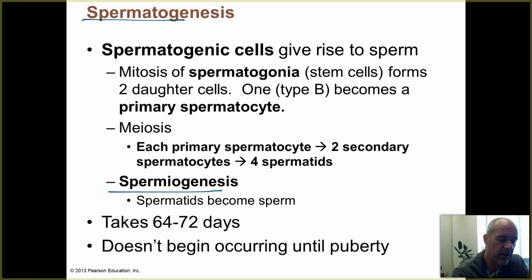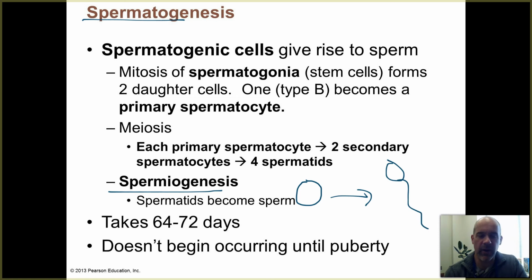Spermiogenesis refers to the processes of converting these cells that have a roundish spherical shape to something we would recognize as a sperm cell. So spermiogenesis is part of spermatogenesis, but when you see that term, it's really referring more to a change in shape and structures. The meiosis part is over.